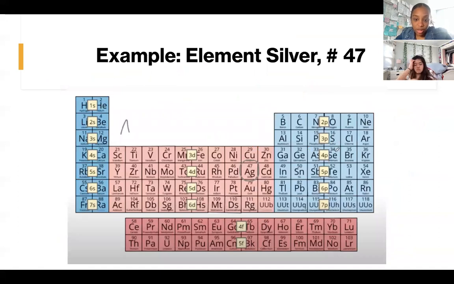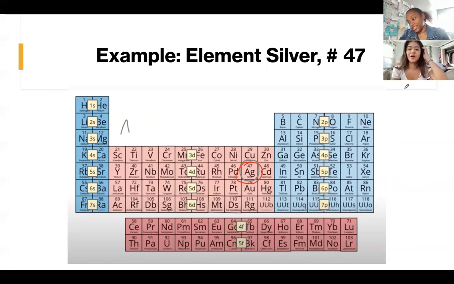All right. So now I want you to do that for silver. I want you to write it out on your piece of paper. Just figure out the full electron configuration and then also the short one. Once you finish it, let me know. Let me time you.